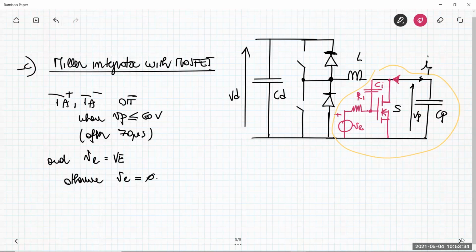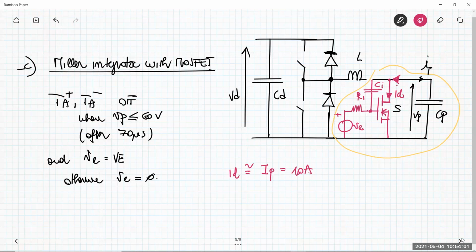Okay, so this circuit works if we have an initial assumption, and the initial assumption is that the current ID flowing through the MOSFET basically is the current IP max, so it is say 10 amp flowing into the piezo injector.